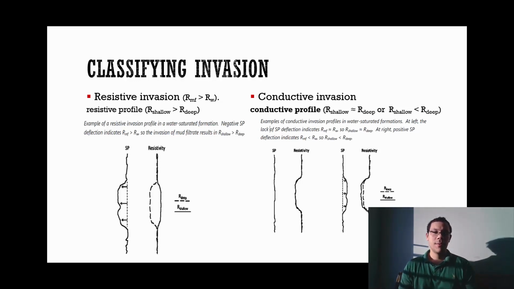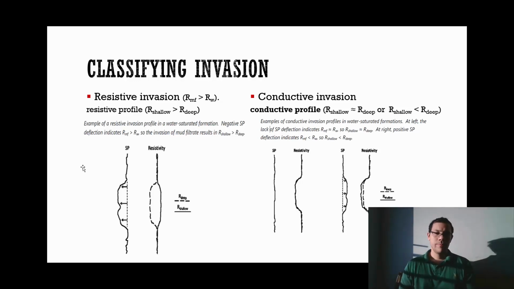When we talk about resistive invasion, the resistivity of the mud filtrate will be higher than the resistivity of formation water. Generally, I can say it like this: a resistive invasion will give you a resistive profile in water saturated formation. Those things are important. Generally, in most cases, that will happen, but for that to happen, it must be a water saturated formation.